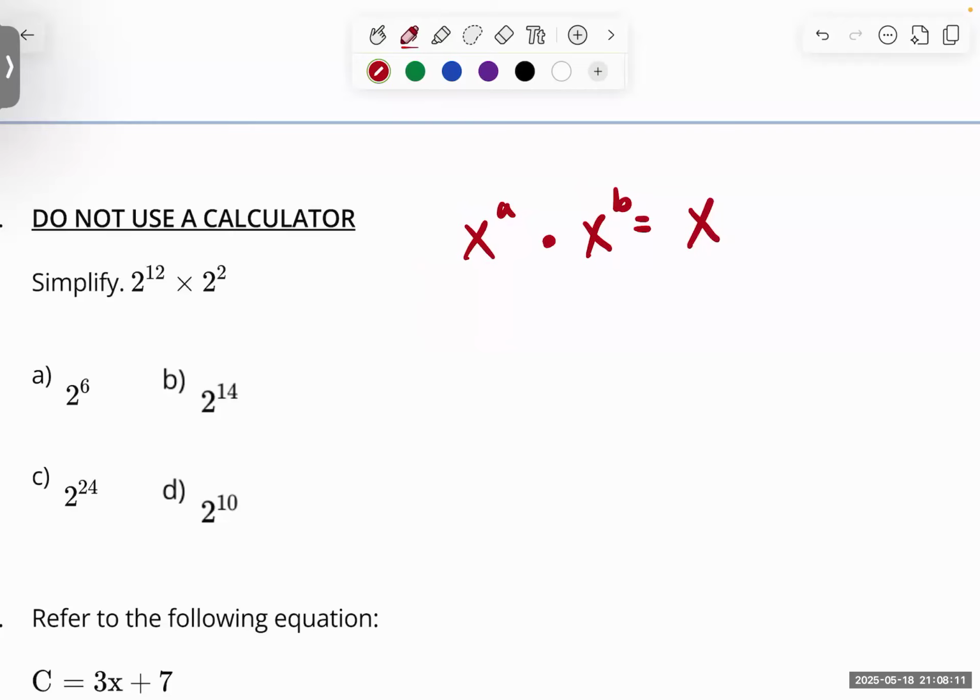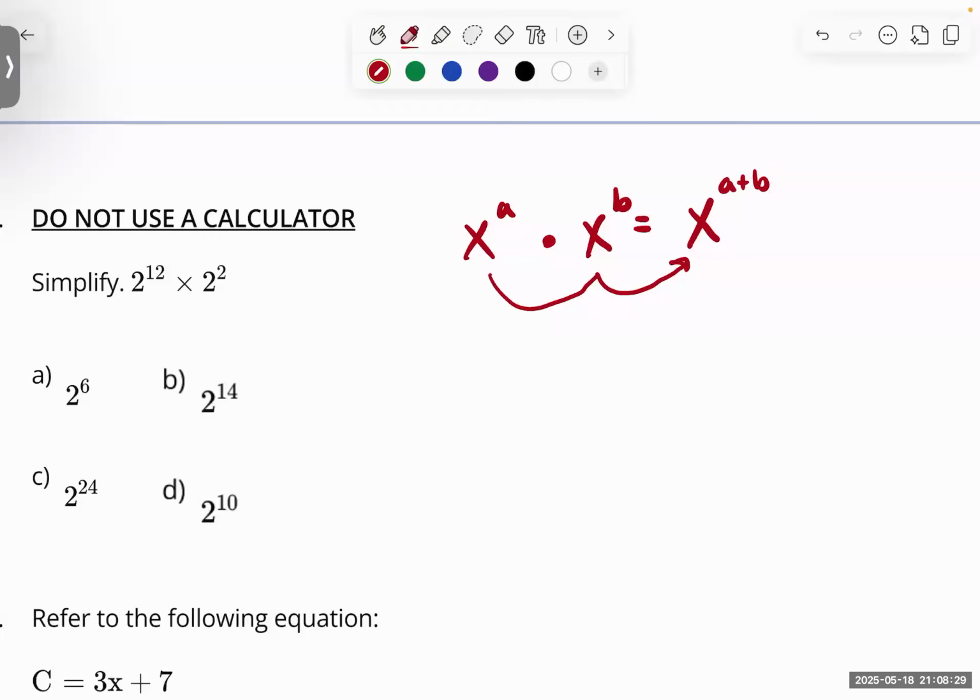So I can write both of those bases as just 1. Now again, they have to have the same base. If they do not have the same base, this rule doesn't work. So it's the same thing as x to the power a plus b.